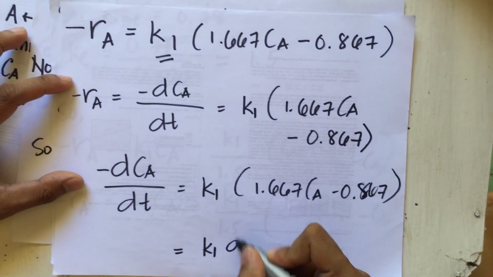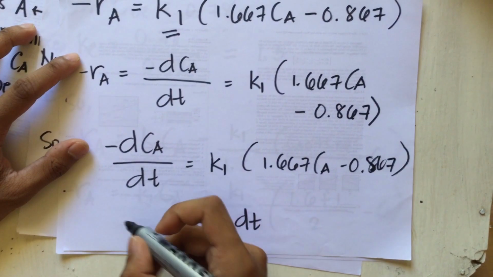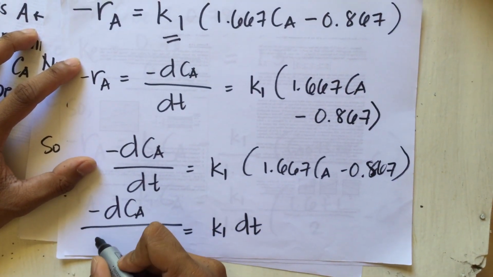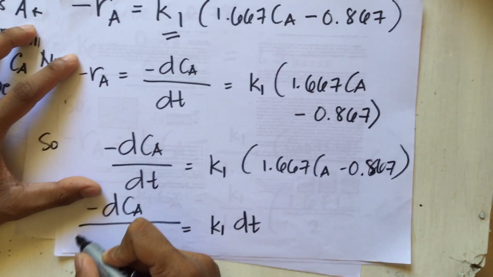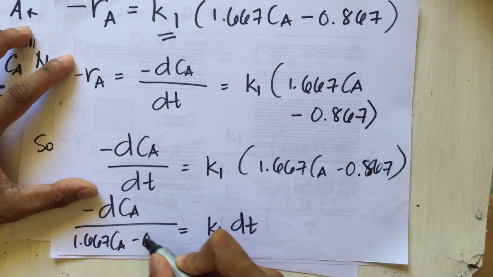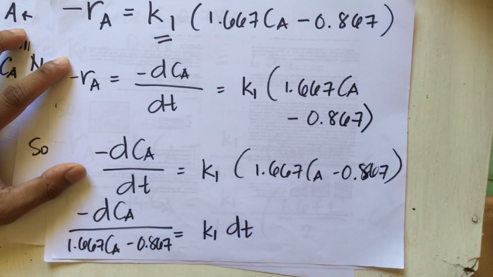We get K1 dt equals negative dCA all over 1.667 CA minus 0.867.